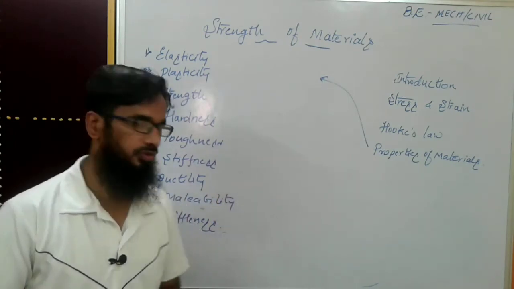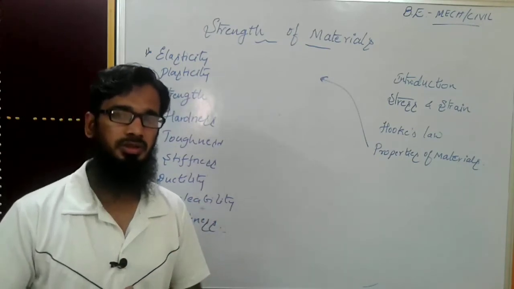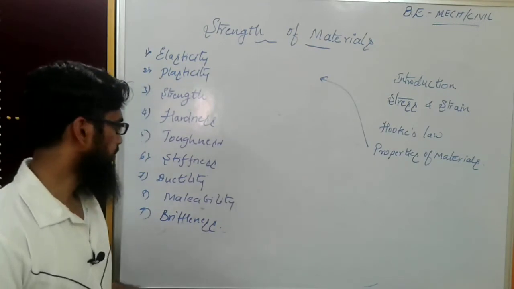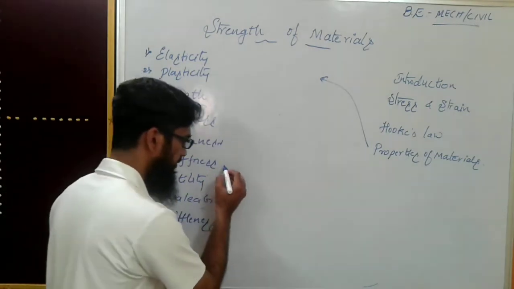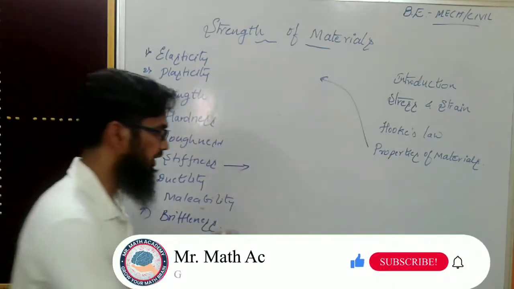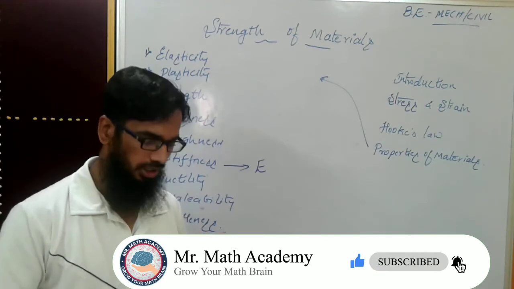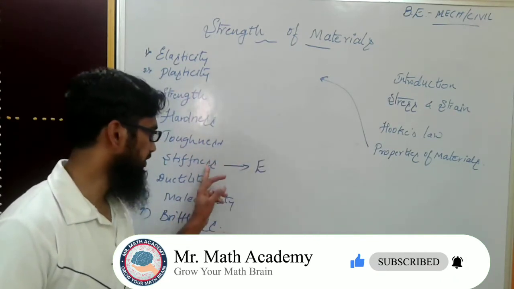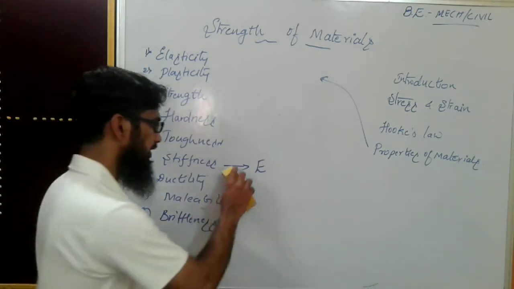So stiffness indicates resistance to deformation, that is, a change in dimensions. This stiffness is given by Young's modulus. In Hooke's law, the Young's modulus E value gives the stiffness of a material.